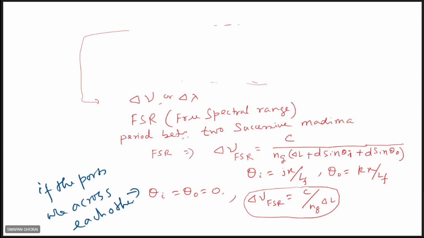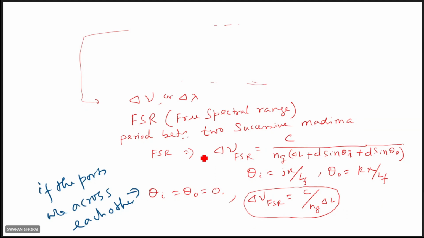So one parameter used in arrayed waveguides is the free spectral range, FSR. That is the period between two successive maxima, delta nu FSR. That is c by Ng times delta L plus d sine theta i, where theta i is the incidence angle.